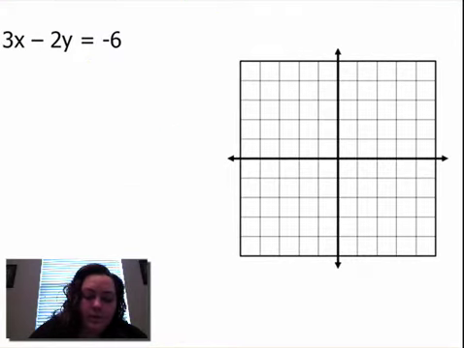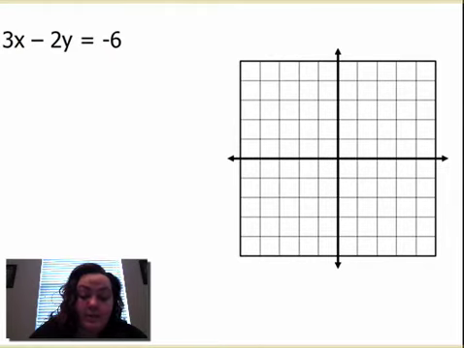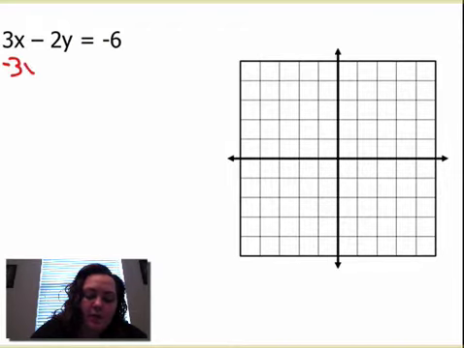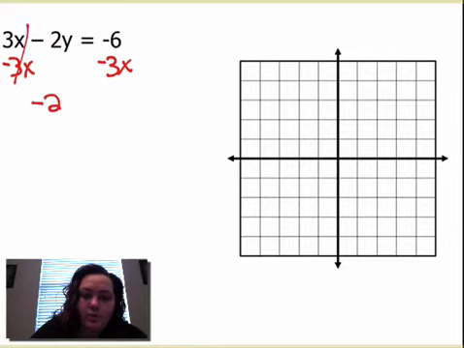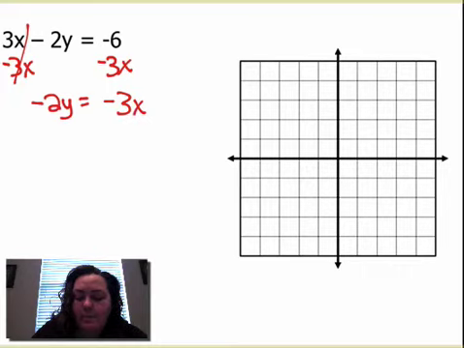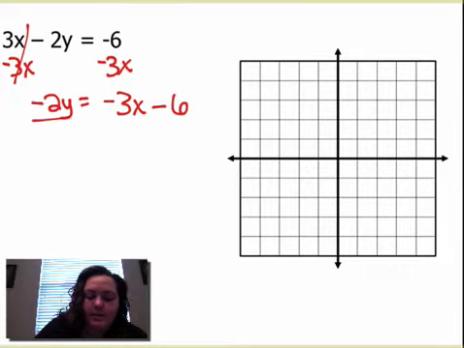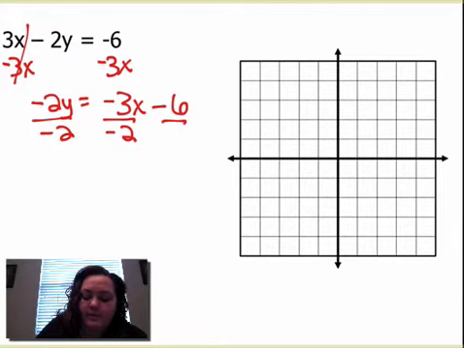Okay, another one where they gave it to me in standard form, and I'm going to change it to slope-intercept form so I can graph it. So I'm going to subtract 3x on both sides. I get negative 2y equals negative 3x minus 6. I'm going to divide everything by negative 2. Now be careful when you're dividing by negatives.